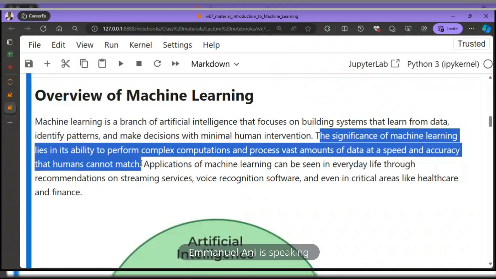They understand patterns, things that we human beings can't really understand, from the millions and billions of data sets that you give them. That's how they learn patterns, and they use those patterns in understanding and making predictions.